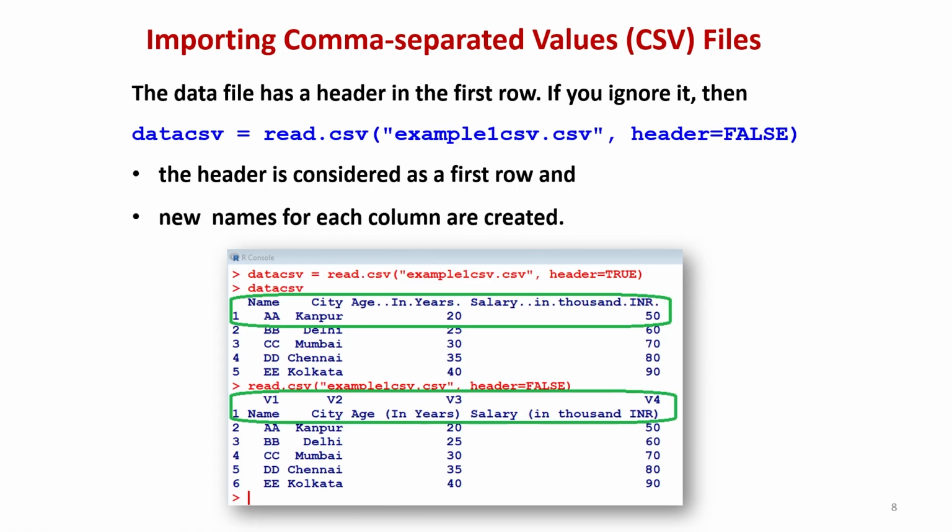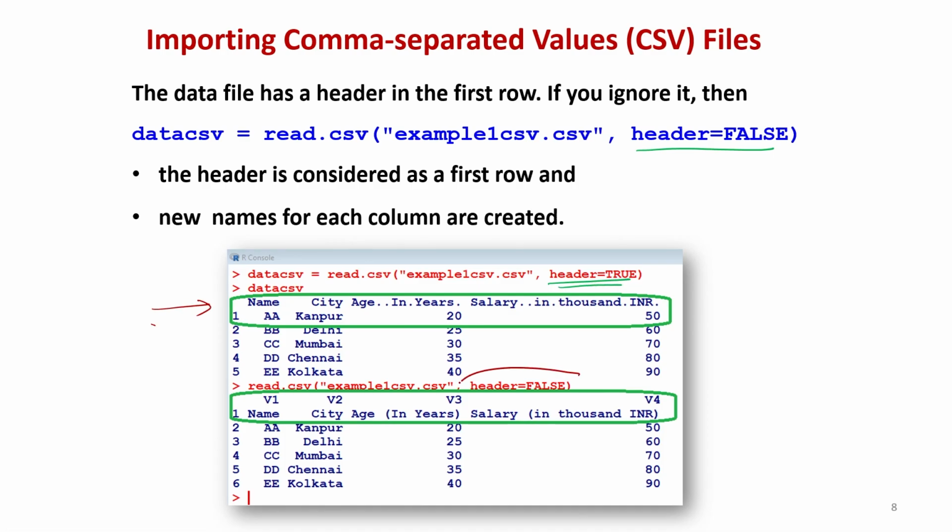Before I go further, I want to show you what happens if you don't give the option header is equal to TRUE. Now I use the option header is equal to FALSE. When you use header is equal to TRUE, the first row is considered as the header.